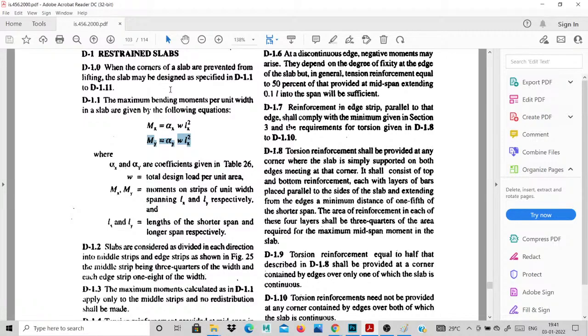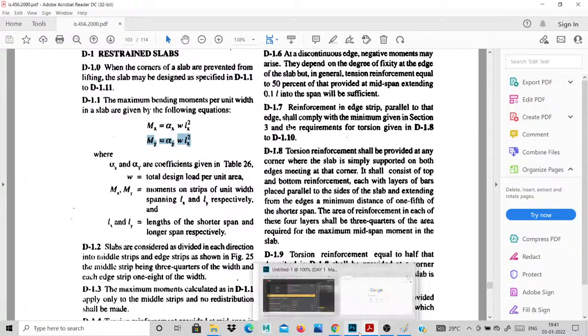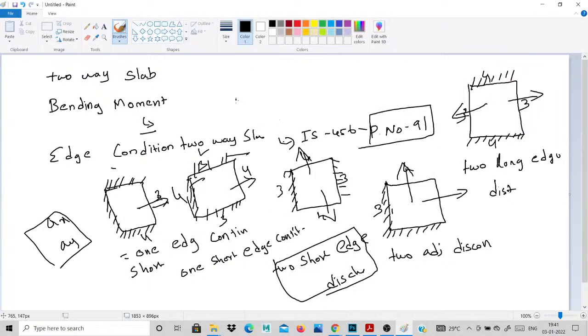Alpha x and alpha y are based on two conditions. One is the edge condition. Another one is the Ly by Lx condition.